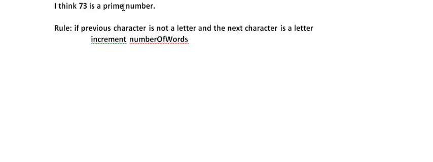We would have incremented number of words when we go from the space between prime and number into the letter N, as we get into the word number. Because the previous character is not a letter, which is a space, and the next character is N, so we would have incremented number of words. And we will not increment number of words anywhere here.